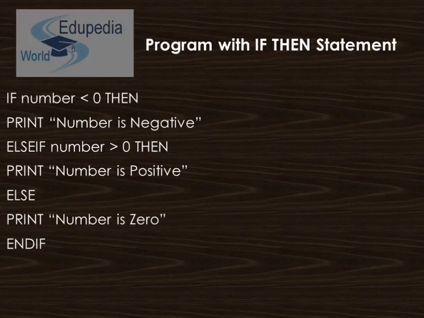If this statement is true, then in the output we will have that the number is positive. Else print that the number is 0. And this is finally the end of this IF ELSE IF.